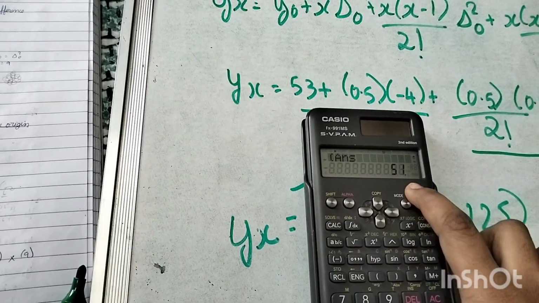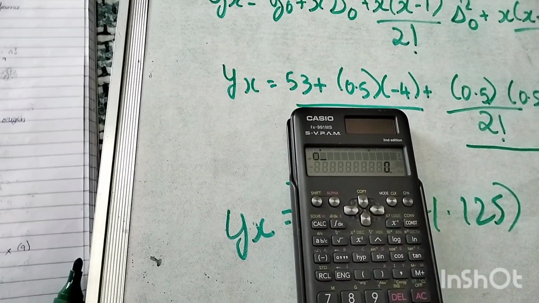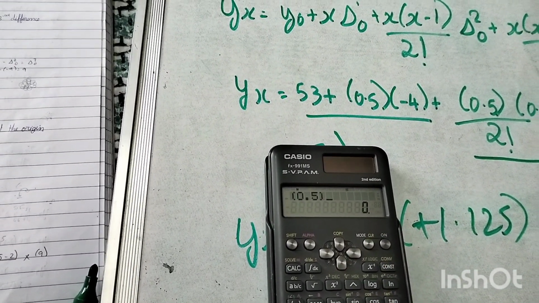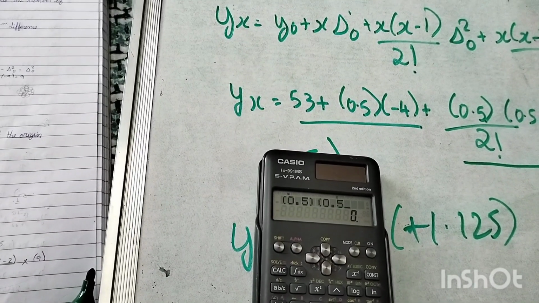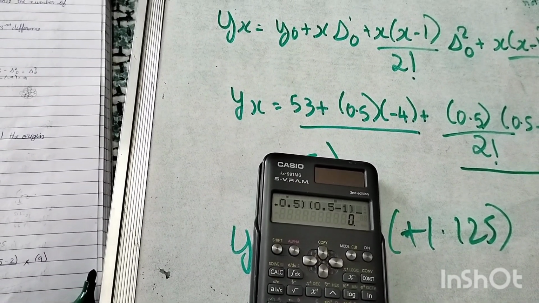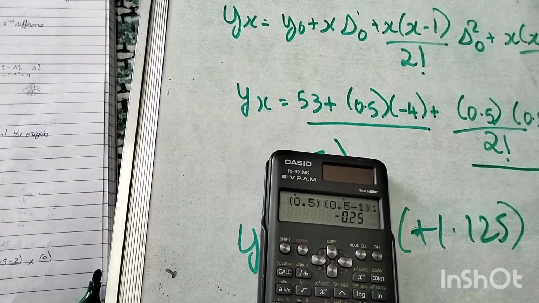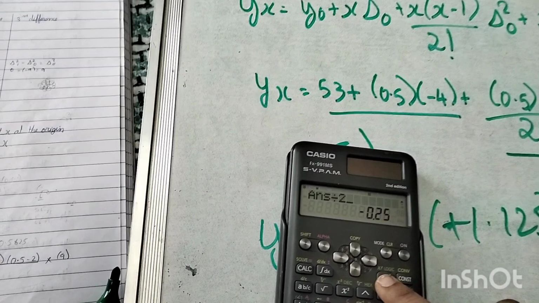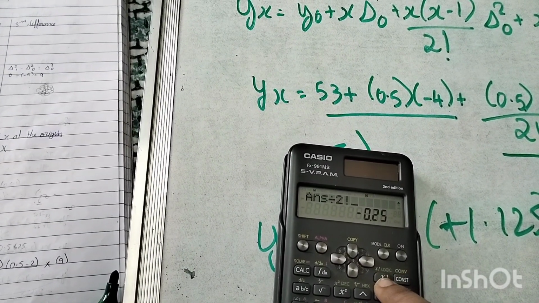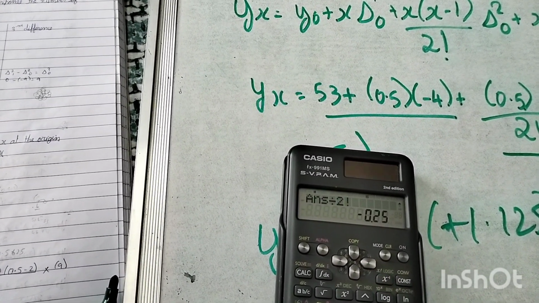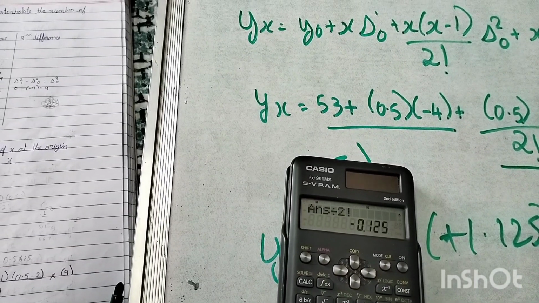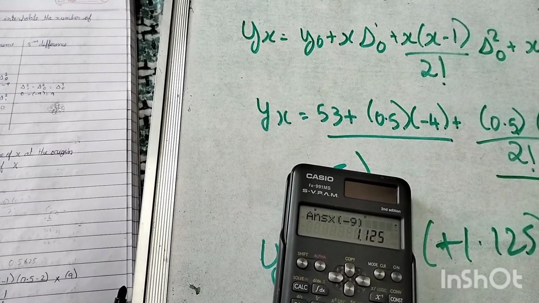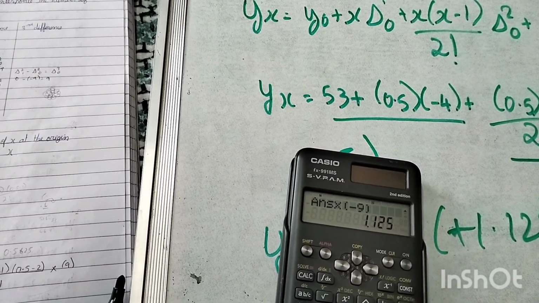For the second lot: 0.5, close the bracket, 0.5 minus 1, close, and then equals, divided by 2, shift, and then the sign that gives you factorial. Equals, and then into bracket -9. So you get 1.125.